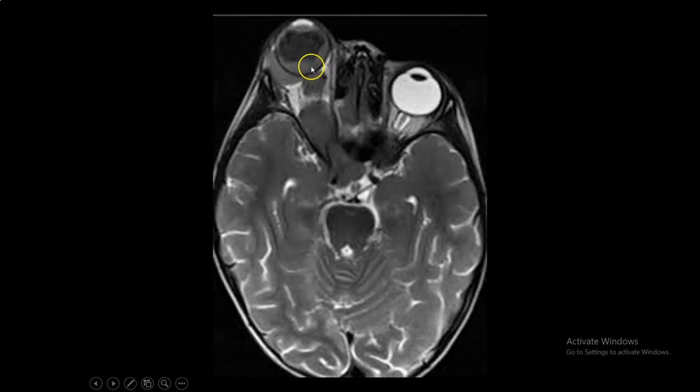It's not our domain. In this case, you don't even need a biopsy, because it is a malignant tumor inside the eye in a child less than 5 years old. Retinoblastoma.